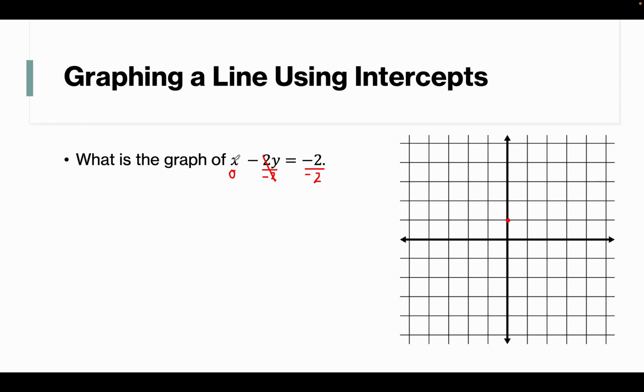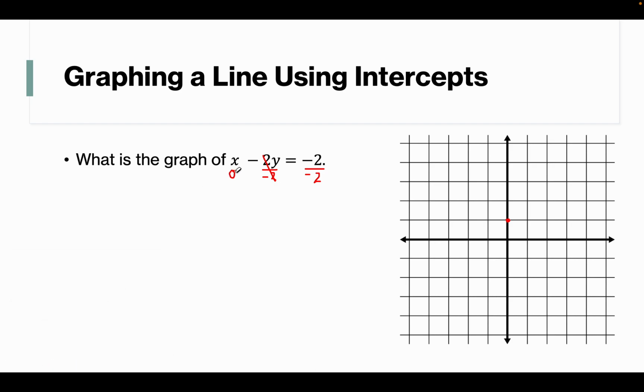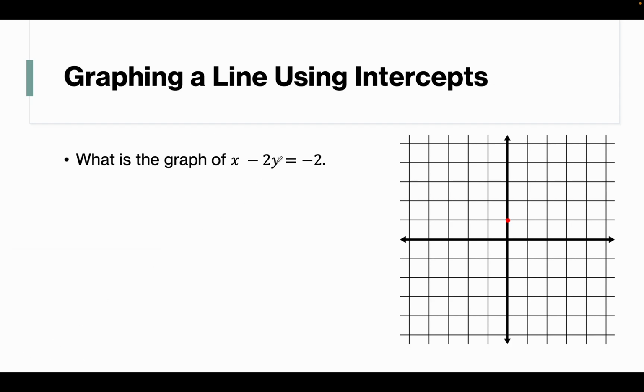Okay, now I'm going to take this down here. I'm going to 0 the other one out. Let me see if I can just use my eraser. That'll be the easiest. Okay. Now I'm going to 0 this guy out.